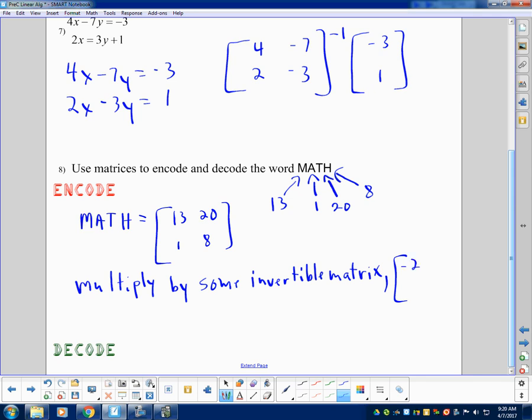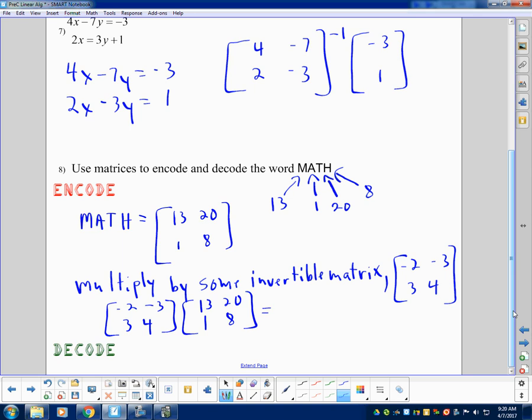So I came up with that matrix. I know it's invertible. I'm going to take this matrix, -2, -3, 3, and 4, and multiply it by my math matrix, 13, 20, 1, and 8. You do that on your calculator. It's not hard to do.